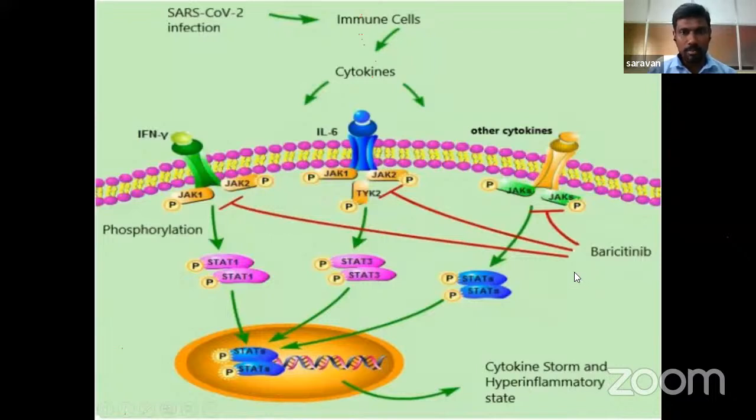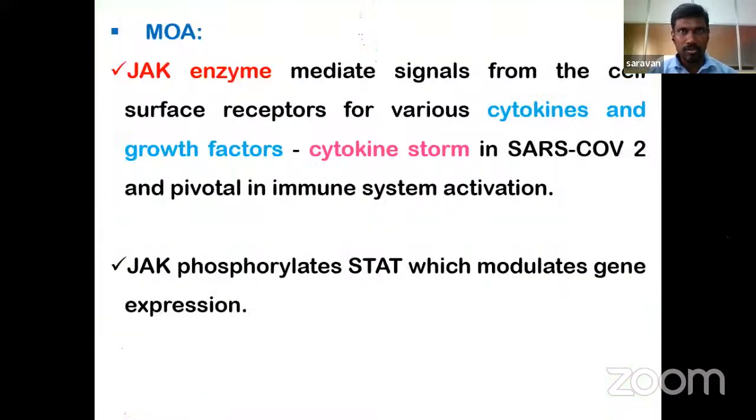So Baricitinib, by multiple mechanisms of action, inhibits the entry of virus as well as the cytokine storm that is formed during the third stage of COVID-19 infection. The same thing is given here. The JAK enzyme mediates the signals from the cell surface receptors for various cytokines and growth factors, which releases the cytokine storm in COVID-19 infection.